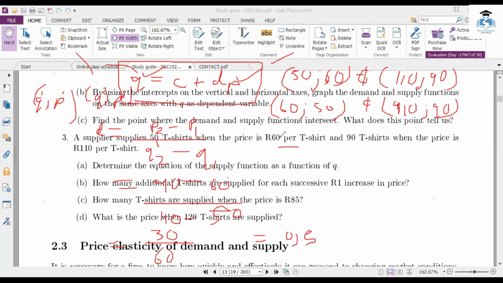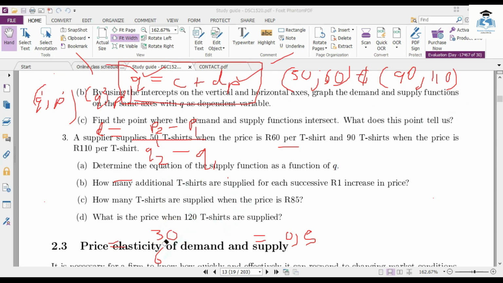Then our 60 is the price. So that's where we mixed up, right? So we are saying our quantity is 90 and our price is 110. Yeah, thank you so much for that. No problem.